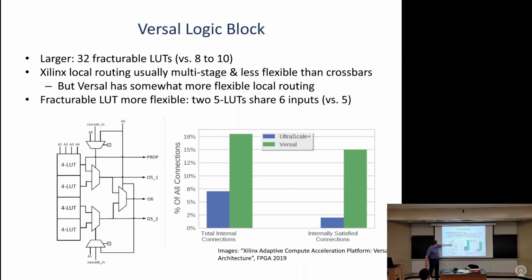The 5th input goes to this 5-LUT. The 6th input goes to the other 5-LUT, right? And if you're in 6-LUT mode, then the 5th input goes there and the 6th input goes there. So they didn't build extra inputs to the logic block, but they took the 6th input and added a little bit of extra muxing so that when you're in 5-LUT mode, you can still use the 6th input. You just use it for the other 5-LUT, giving them a bit more flexible packing.